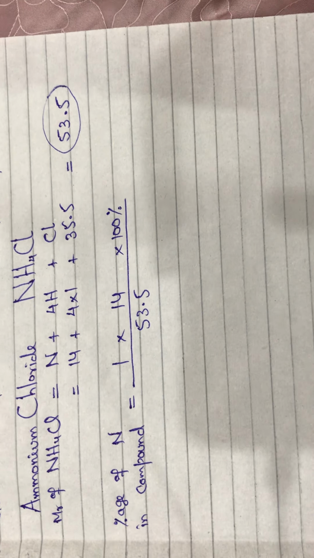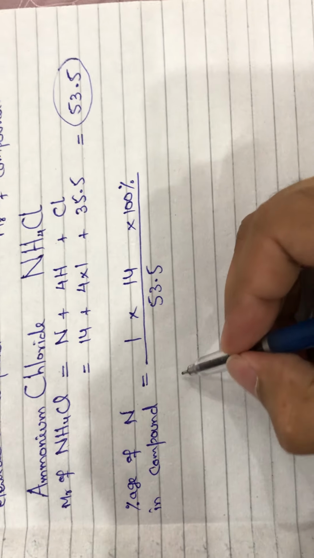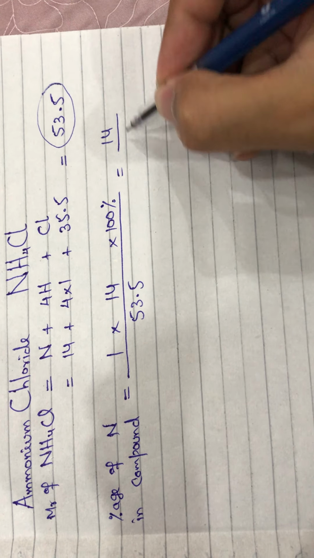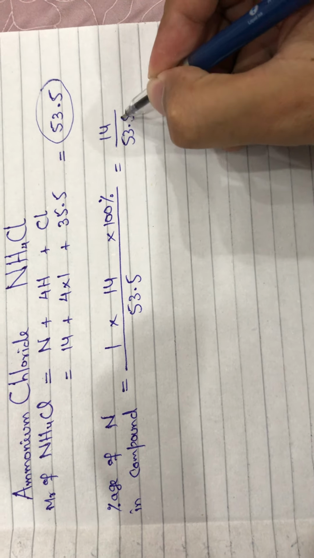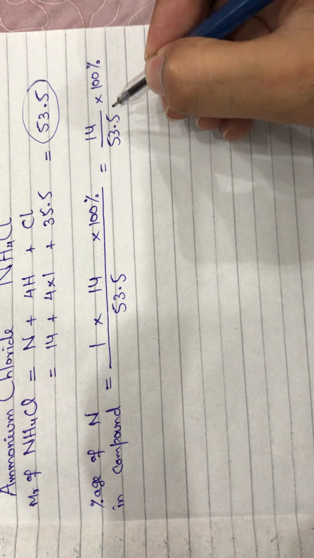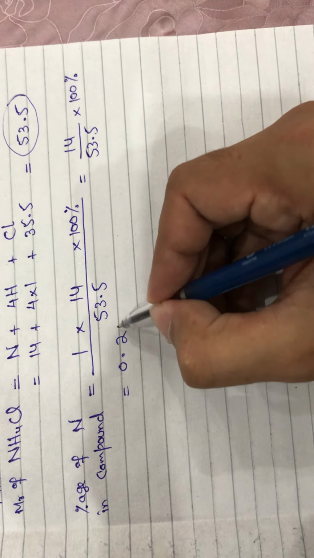So first we find 14 times 1, the answer is 14, divided by 53.5 times 100%. 14 divided by 53.5, our value will be 0.2616 times 100%. Multiply it with 100 and our answer will be 26.16%.